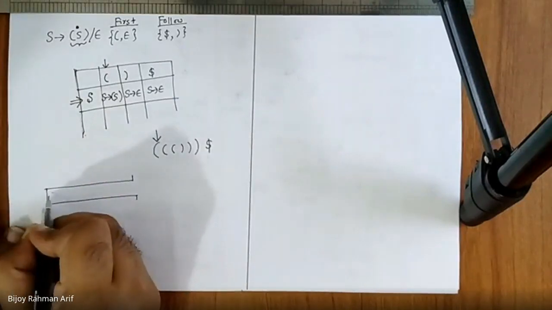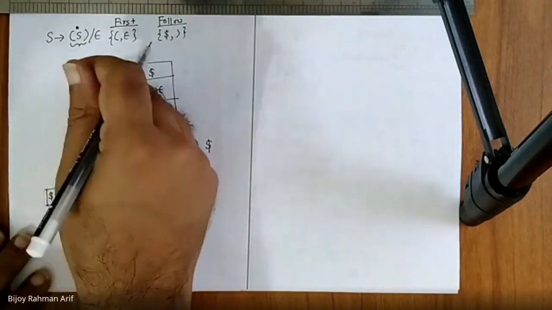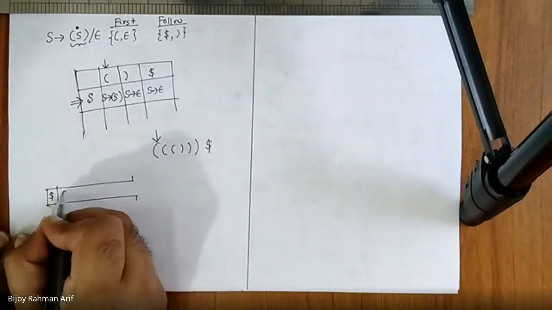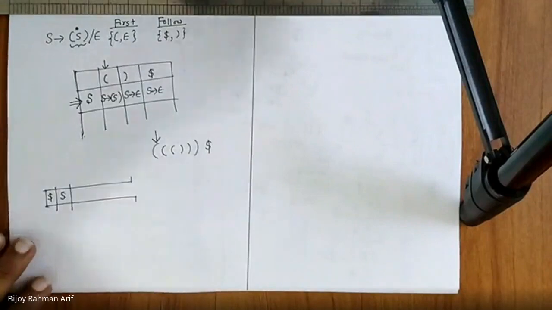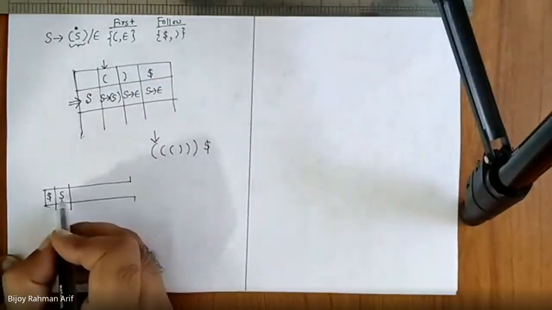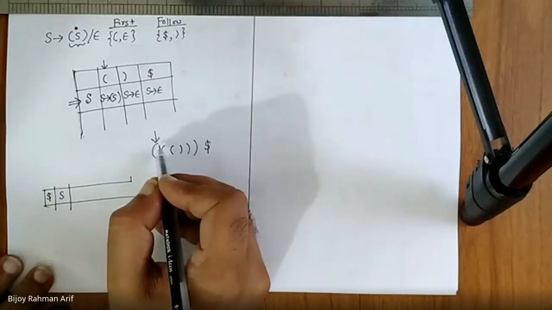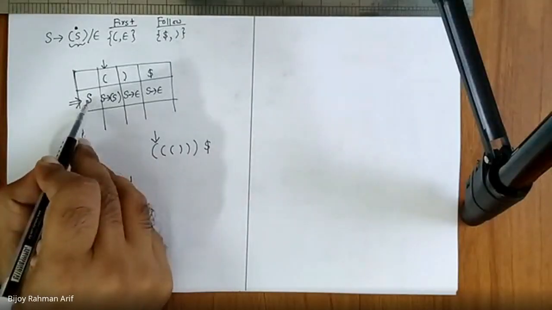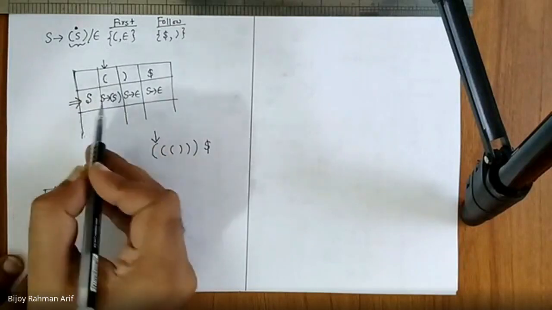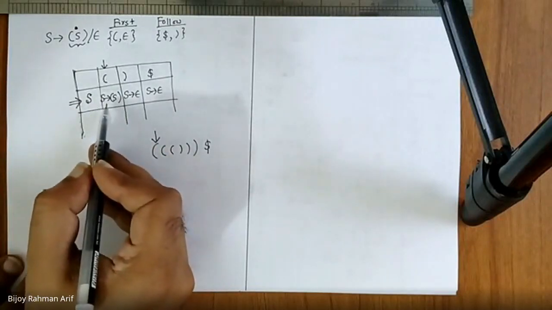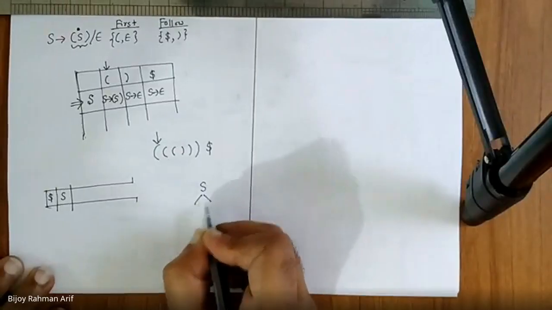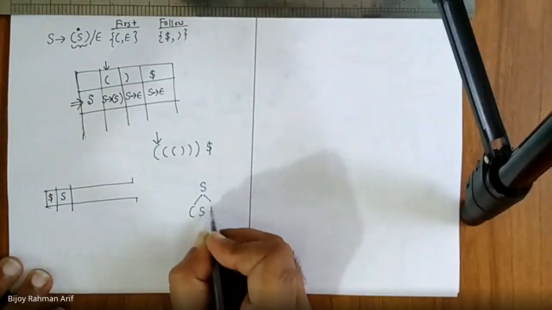At the bottom of the stack, there is a dollar, and you put the start symbol in the stack. Now, my current variable is S and my lookahead is open parenthesis. So I'm going to row S, column open parenthesis. What is the production? S derives RHS. So I'm going to make S derives open parenthesis, S, close parenthesis.